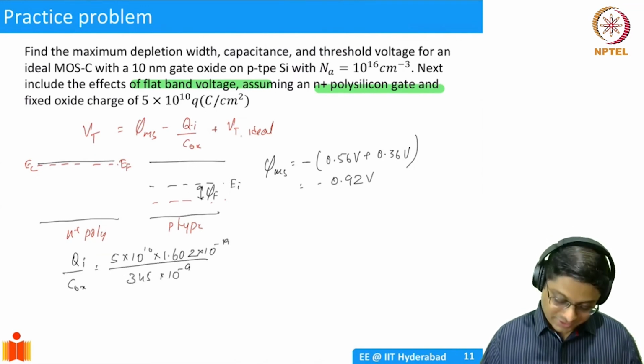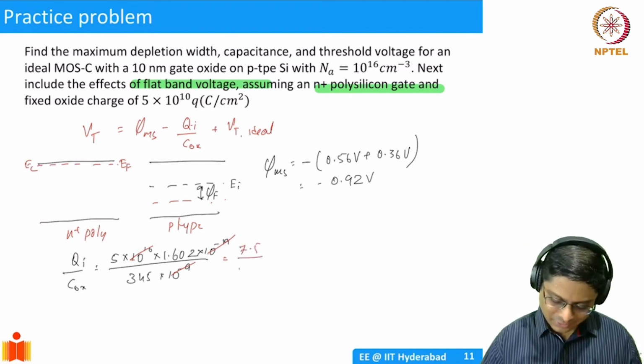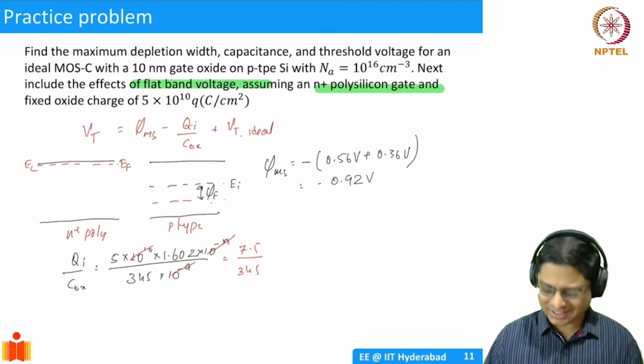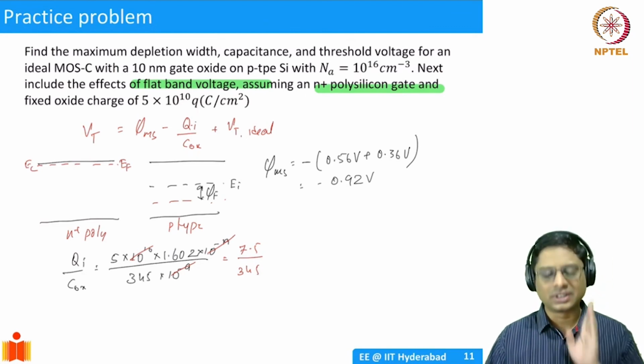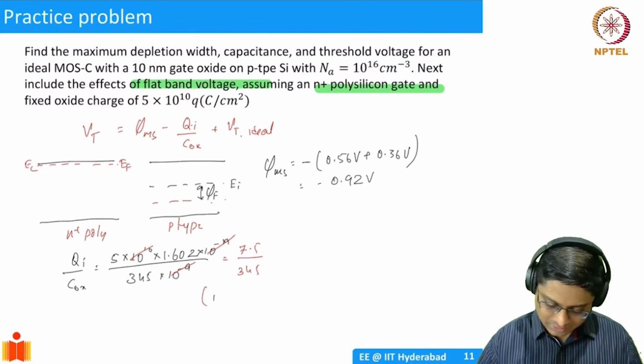This is fantastic because all of this is cancelling out. So what you have is 5 into 1.5, that will make it 7.5 divided by 345. A very, very small number, I don't know, 1 by 50, something like that. So it's a small number, and this is going to be negligible.